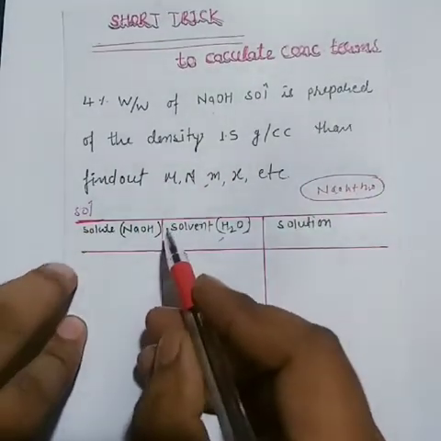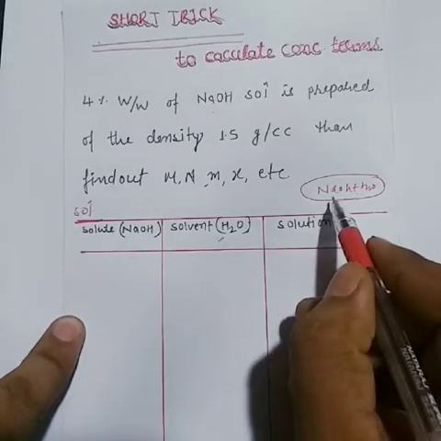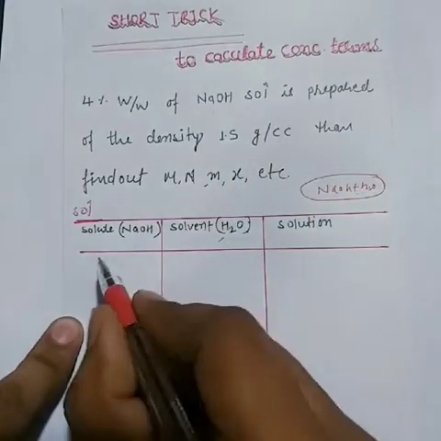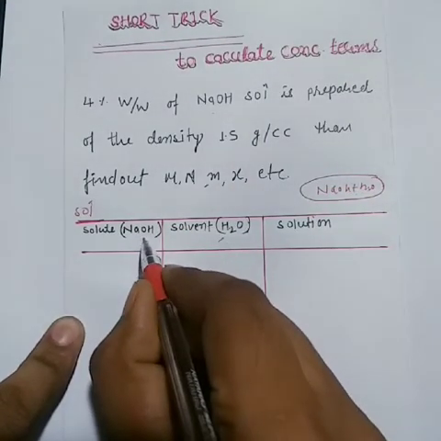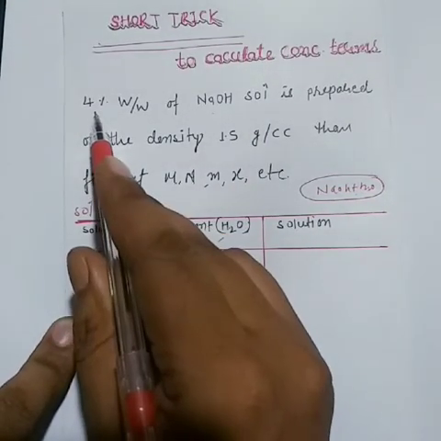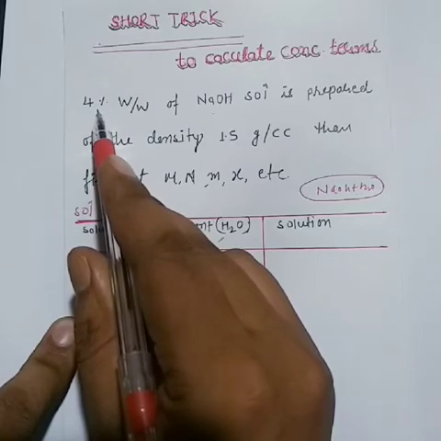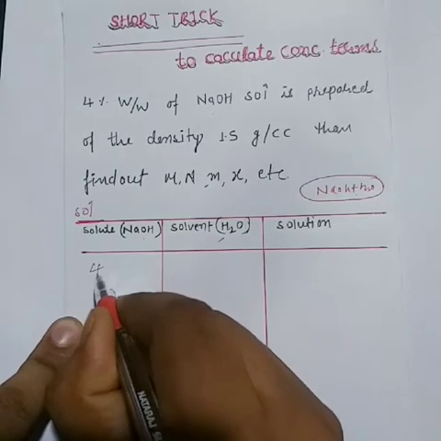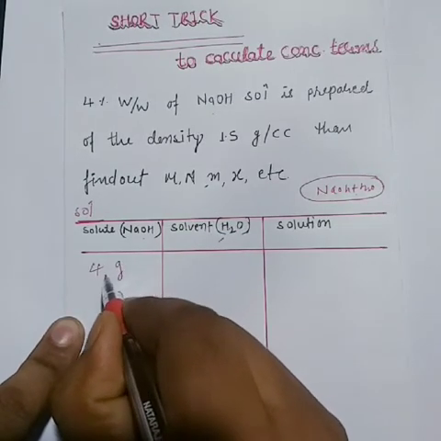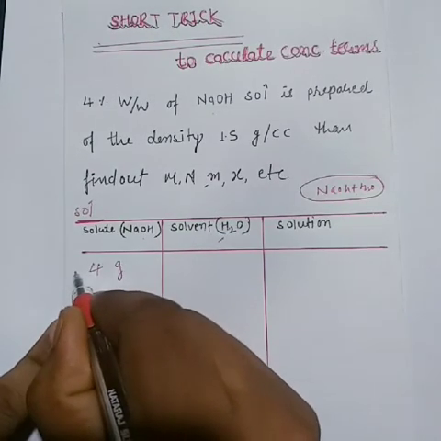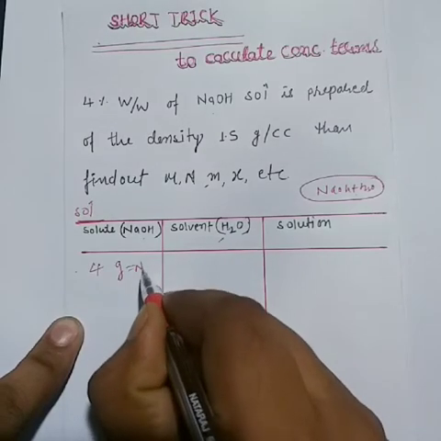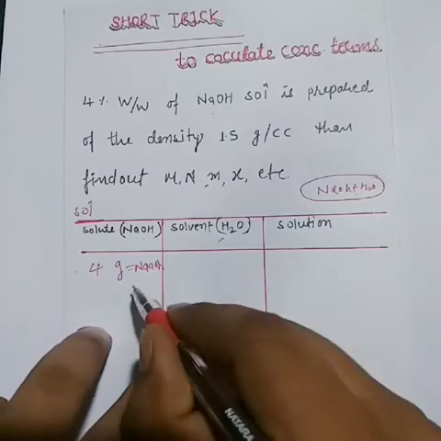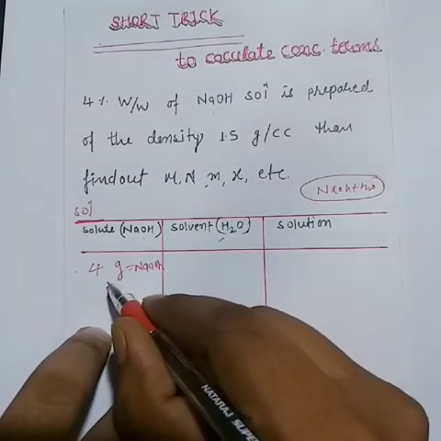Now see, first of all I identify the sodium hydroxide solution. So the solute is sodium hydroxide. The given mass is 4%. If the sodium hydroxide is 4%, that means 4 gram of sodium hydroxide. So how do we consider it as 4 gram?